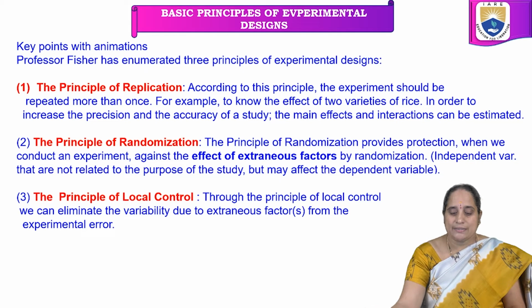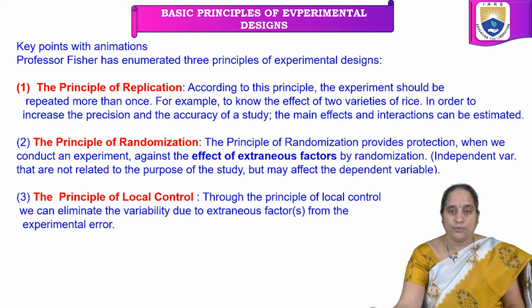In this example, if you are going to study the productivity and the effect of two varieties of rice, and there is a difference in the soil but no difference in seed quality, the seed quality will be the same, but there is a difference in soil. That causes variation in terms of productivity. So why does it happen? What is the cause, and what will be the effect? The cause and effect relationship we can measure with the help of this principle.